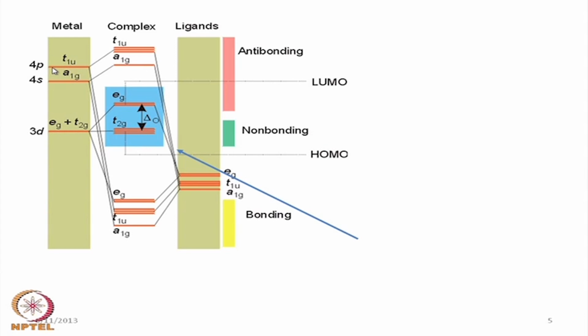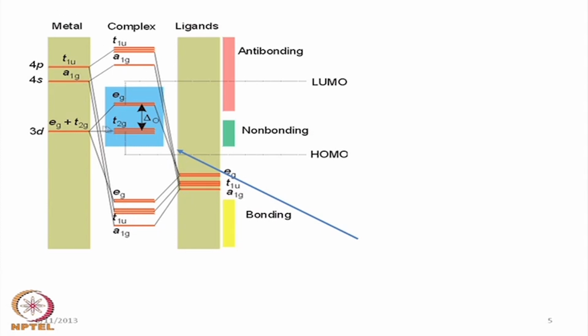These two are of higher energy, and when they interact with the ligand side of A1g and T1u symmetry, these four orbitals give corresponding ligand field molecular orbitals of A1g symmetry and T1u symmetry.